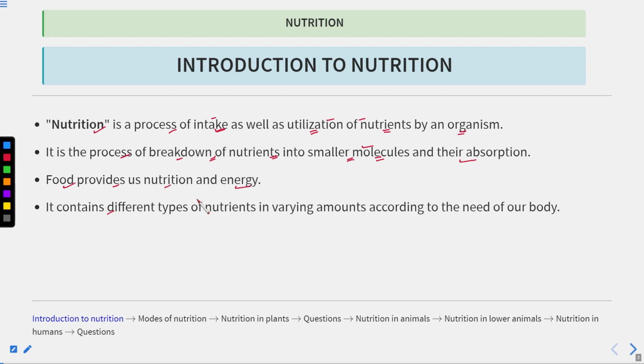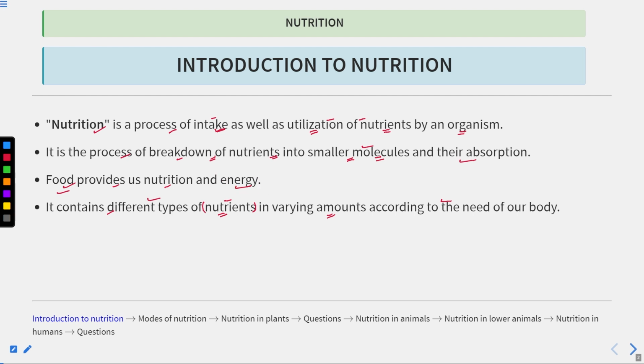It contains different types of nutrients in varying amounts according to the need of our body. Nutrients can be of two types, micronutrients and macronutrients. So food contains nutrients in different amounts, and those nutrients provide us energy.